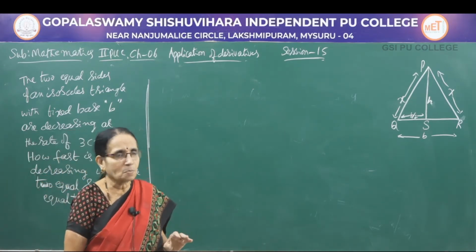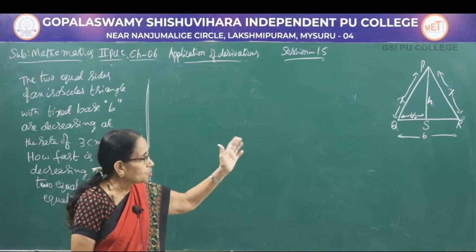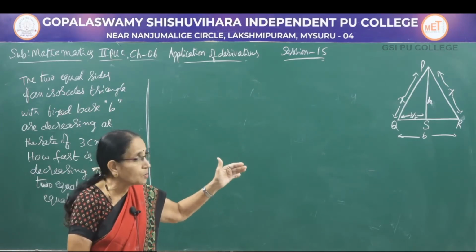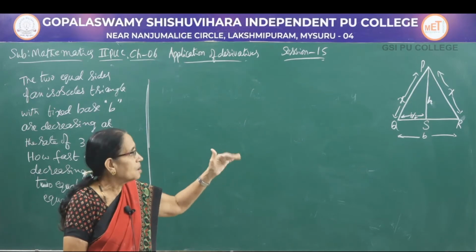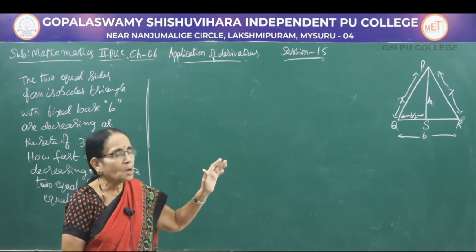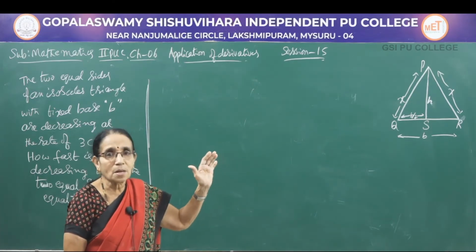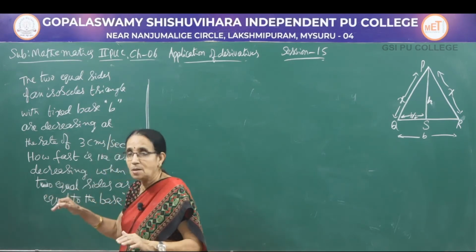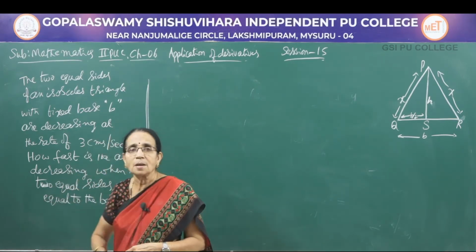B is a given thing. That means when the two equal sides of the isosceles triangle are equal to the base itself, all the three sides would be equal. In other words, you have to calculate at that instant how fast the area is decreasing.